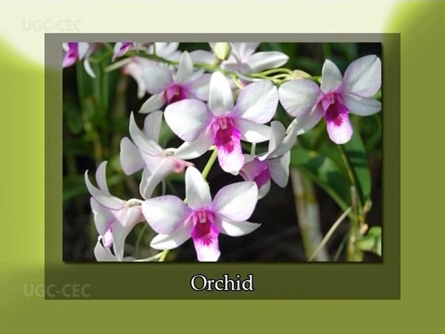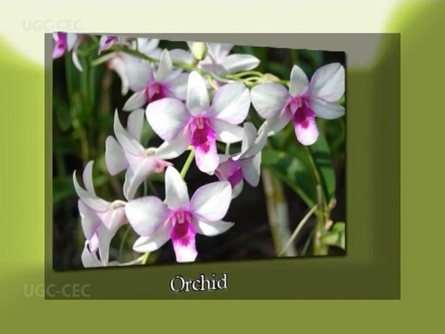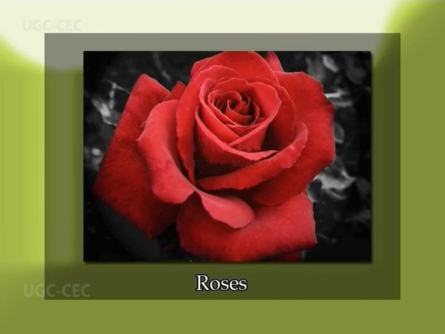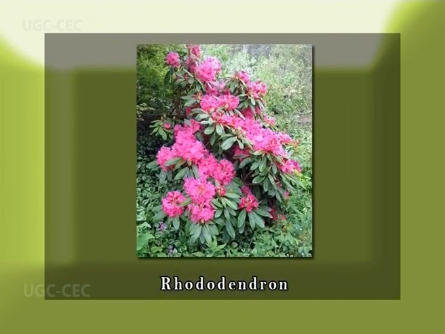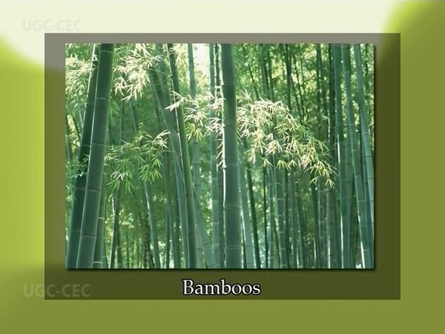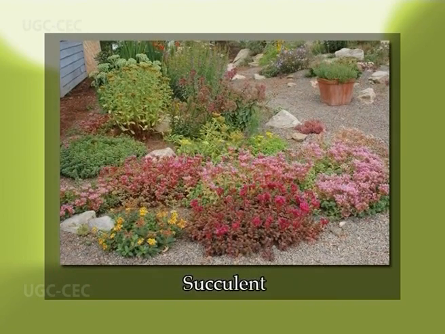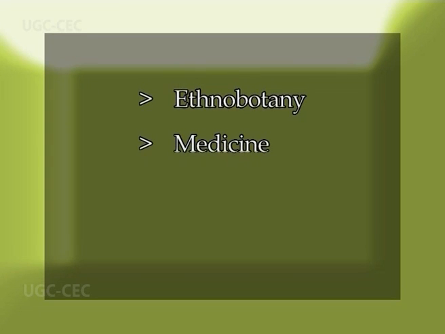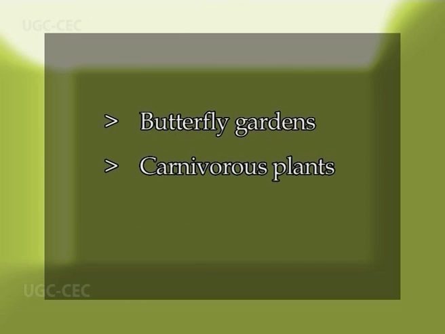These include orchid, rose, rhododendron, bamboo, and succulent, or gardens established on such themes as ethnobotany, medicine, bonsai, topiary, butterfly gardens, carnivorous plants, and aquatics.